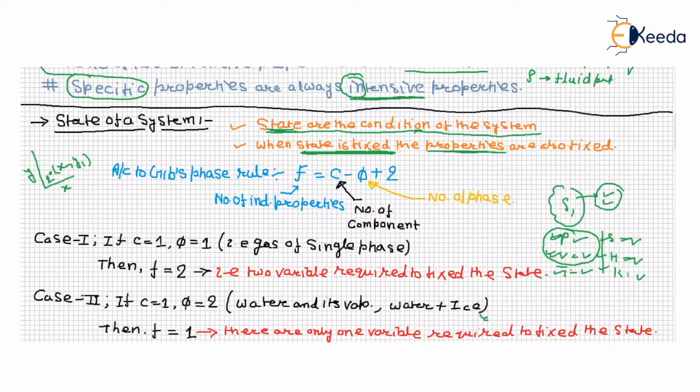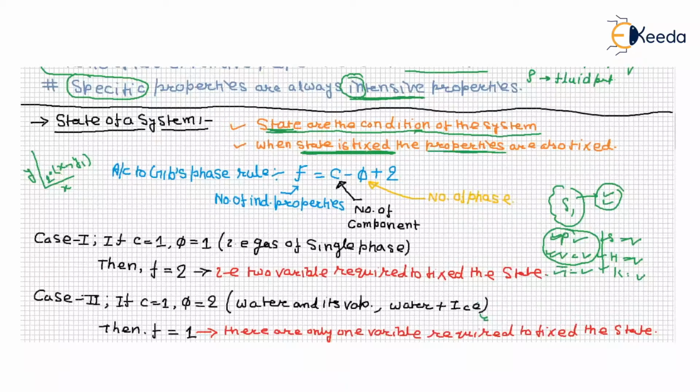So x1 and y1 is the state of the system, and it gives the condition in which the system will exist. That means at point 1 the pressure is this one and the temperature is this one. If the pressure and temperature or volume is fixed, the state point 1 is fixed. If the state point 1 changes, the property will change, so the state will change.